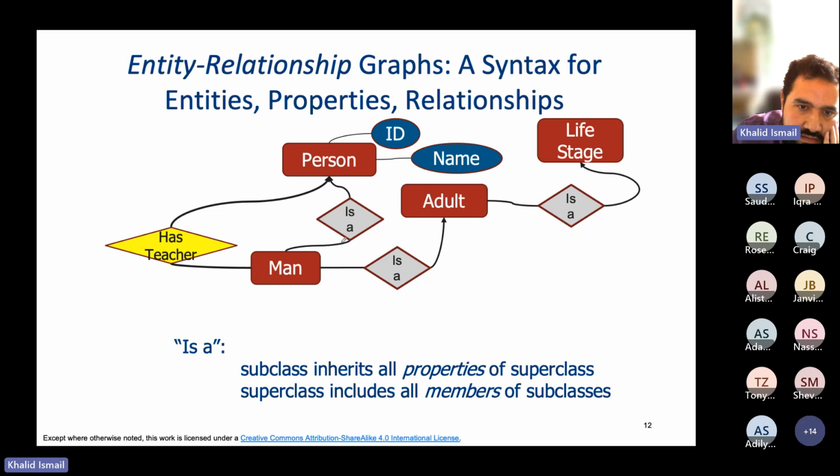So man here is a person, and man here is an adult, meaning the man here is a subclass from the person, and the man subclass here is a subclass from the adult, and the adult is a subclass from the life stage. Okay, and the person here does have attributes such as person ID and the person name, which is simply an attribute.